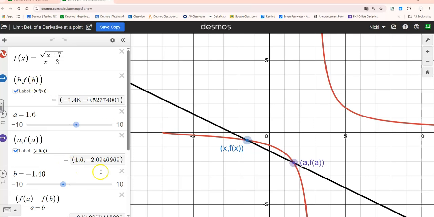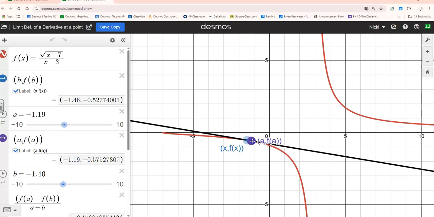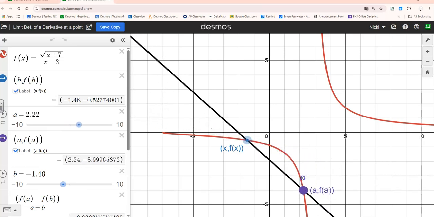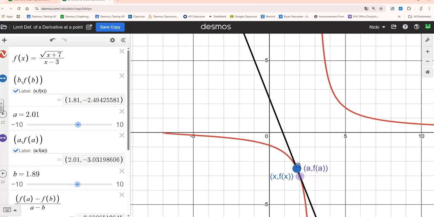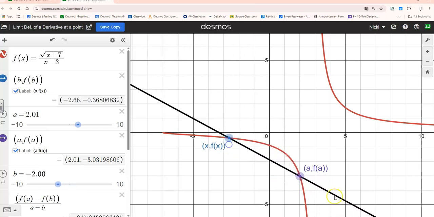And then what we're doing here is, I've got these points here. My a could be at any point here. The only point it cannot be at is 3 because the function is discontinuous at 3, in which case nothing exists. But let's say a is right here at 2. Okay?